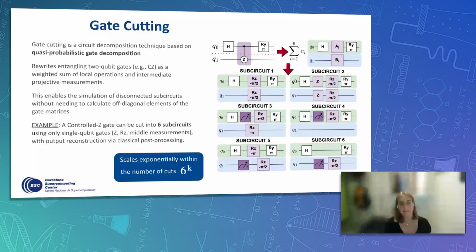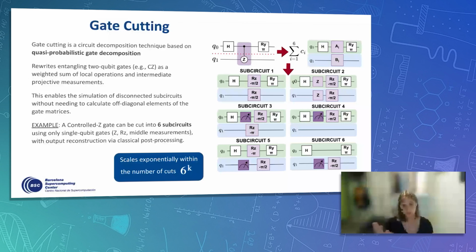In this case, we use a technique based on quasi-probabilistic gate decomposition, which means that we partition a 2-qubit gate into a weighted sum of local operations and intermediate projective measurements.